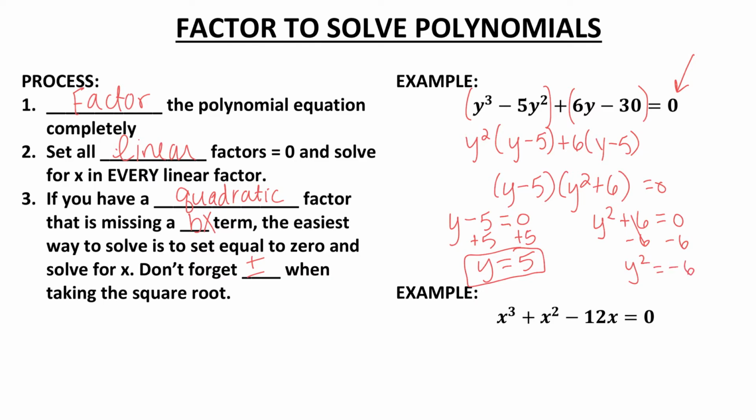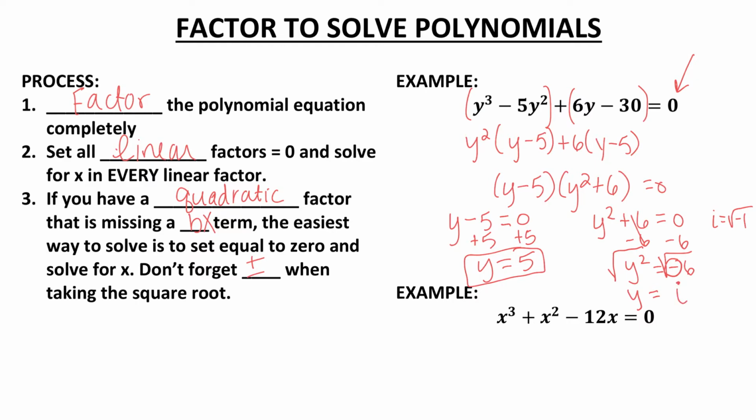And then I would take the square root of both sides. And remember, when you have a square root of a negative number, that's going to represent i, because remember, i is equal to the square root of negative 1. So the square root of that negative comes out as an i.